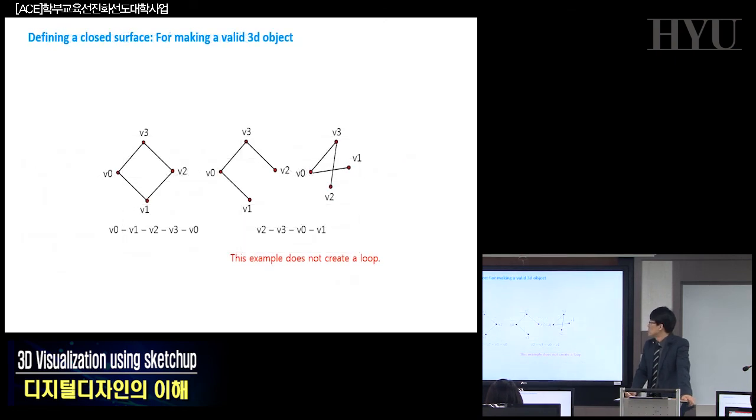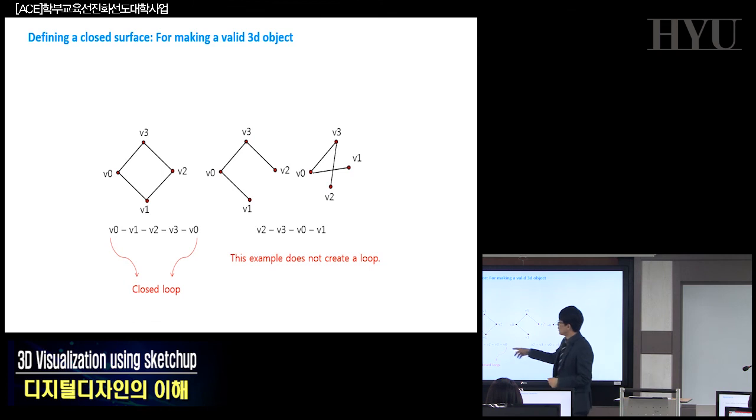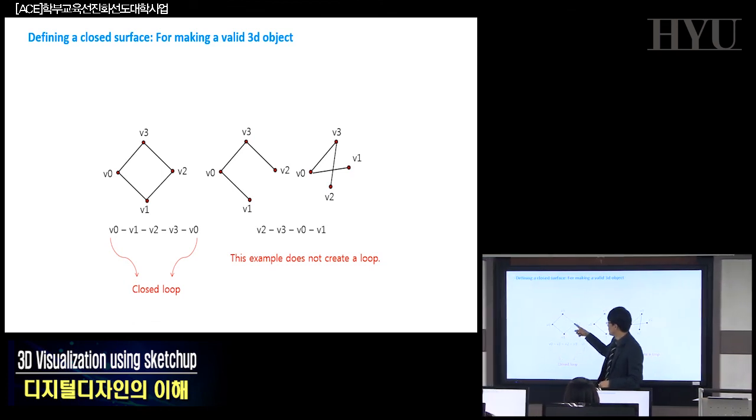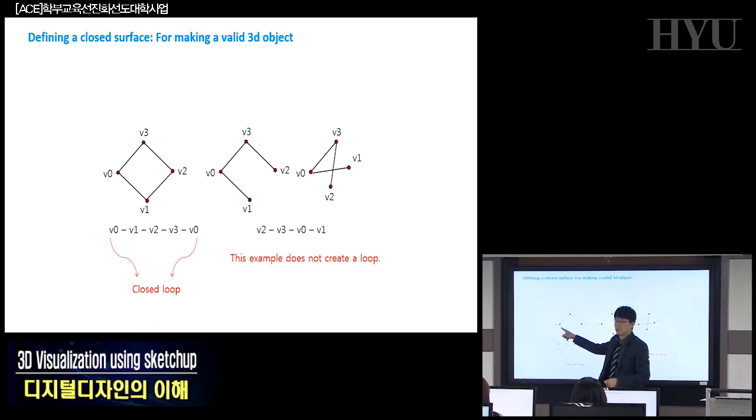Defining a closed surface for making a valid 3D object. We talked about some validity about 3D model, 3D geometry. Okay, let's take a look at this one. V0, V1, V2, V3, again V0, which means this is enclosed, okay?